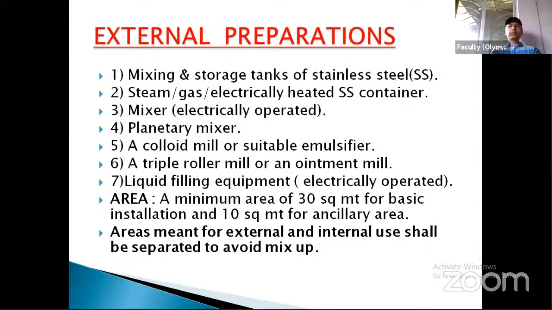These external preparations, if you want to prepare in a manufacturing unit, then what are the minimum required equipments which you have to provide? That has been prescribed under this Schedule M part 2. What are the equipments needed for it? At least you should know the name of these equipments, machineries, which you have to handle in the external preparation room.